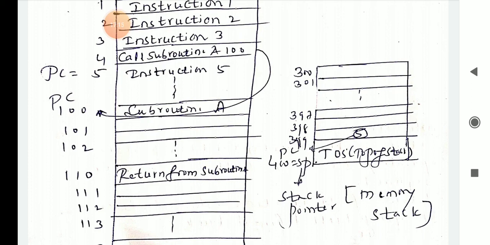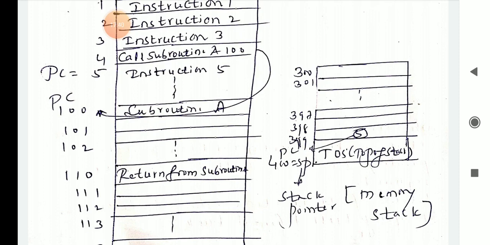First I will store my value in the program counter. Whenever I require, I will use my stack pointer. So that stack pointer should be stored in the program counter. So I will write my program counter as 100. Then it will say call subroutine A. So in that program counter your value should be 100. Then again I want to write my next instruction.